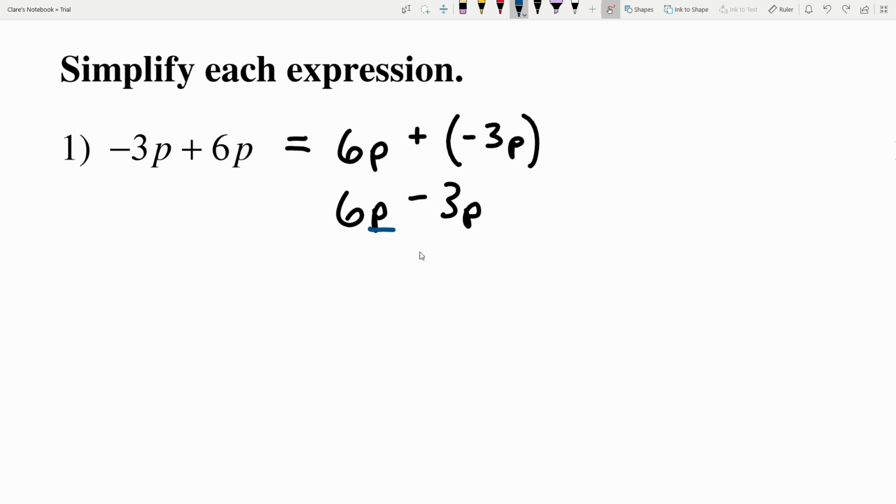So 6p minus 3p, 6 minus 3 is 3, so 6p minus 3p will be 3p. So 3p is my simplified expression in number 1.